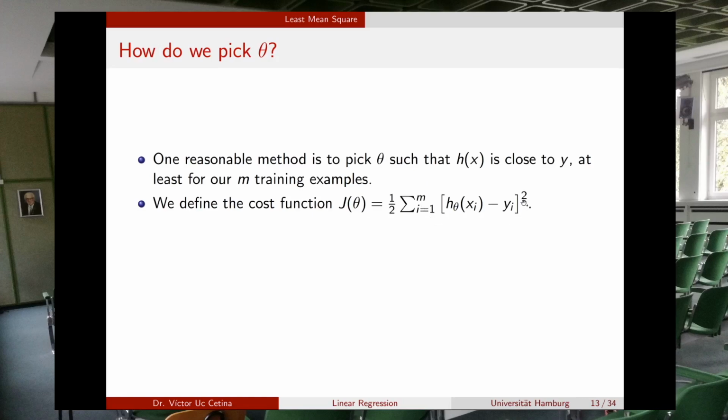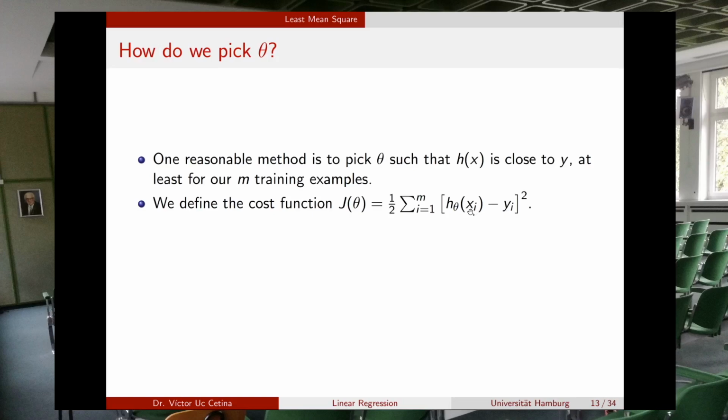We are going to sum the square of this subtraction. This subtraction is a measure of how far away our model is from the points, from the real outputs of our points. So here we have x i representing some example i, and what is the output of this example i.